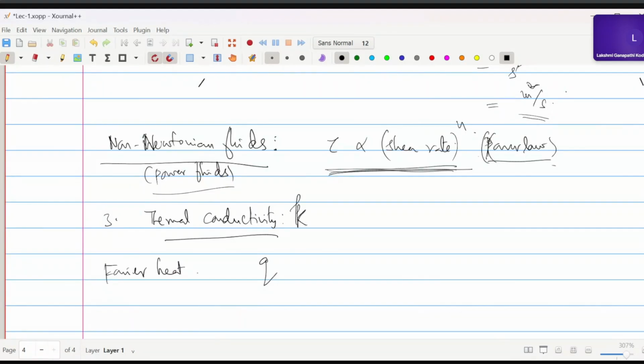Fourier's law suggests that heat flux... what is heat flux? Basically, heat is something which you cannot measure. It's a quantity that you cannot measure, so non-measurable, right?